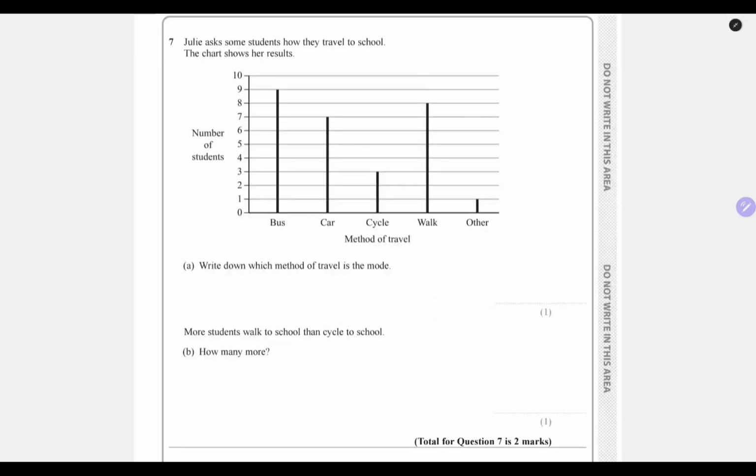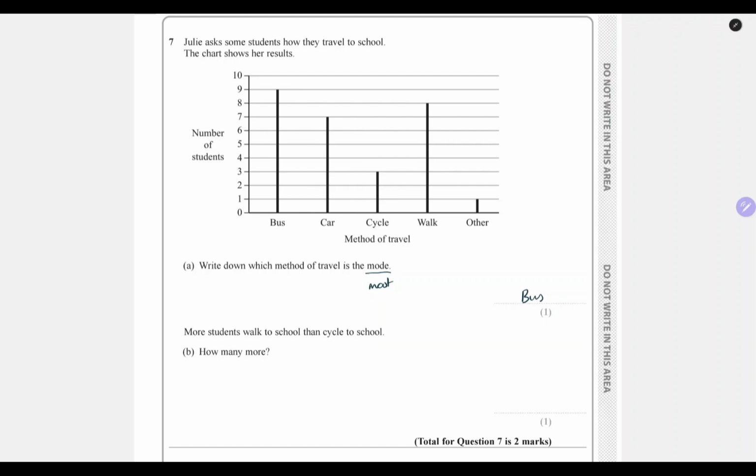Question 7 says, Julie asks some students how they travel to school. The chart shows her results. Question A asks, write down which method of travel is the mode. So the mode is the most common. And so the most common mode of transport from the graph we can see is bus with 9 students.